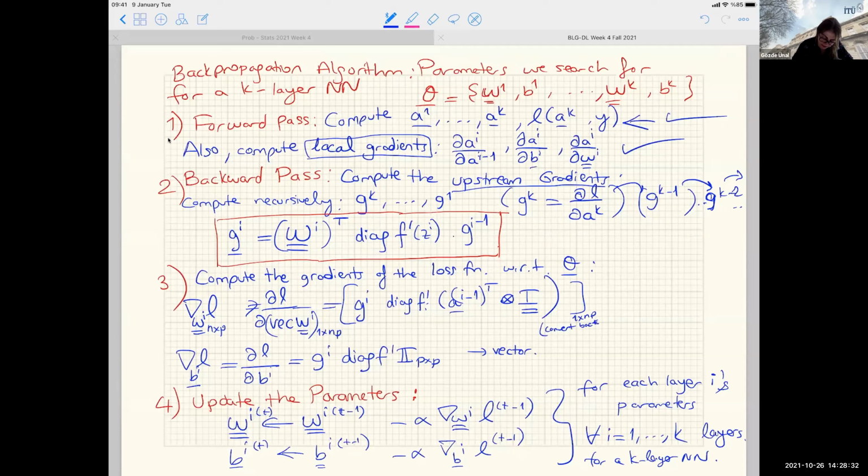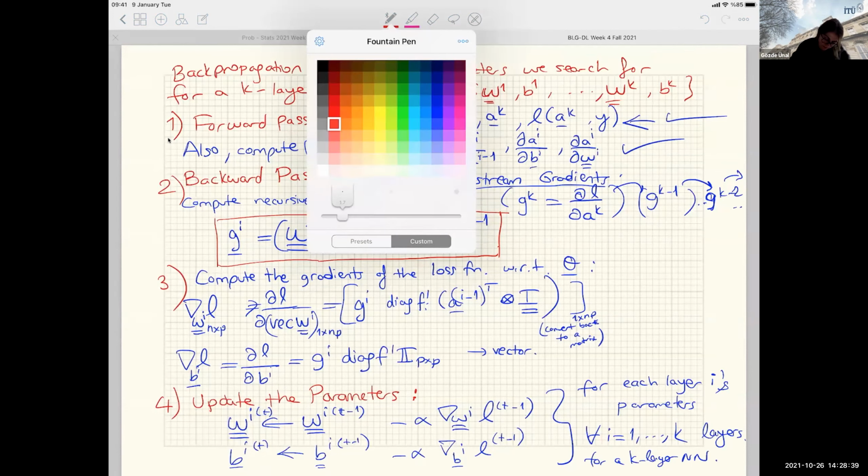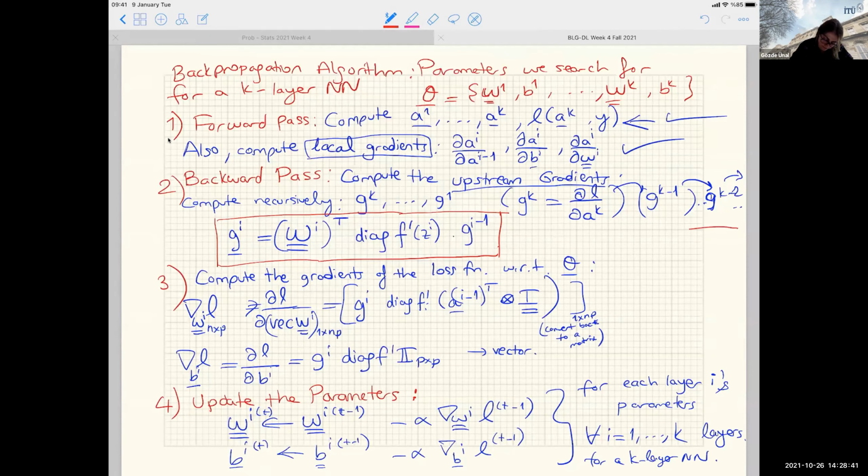Convert back to a matrix. Let's write it here. I will say note here. Just to have it in the same page is good, I think.